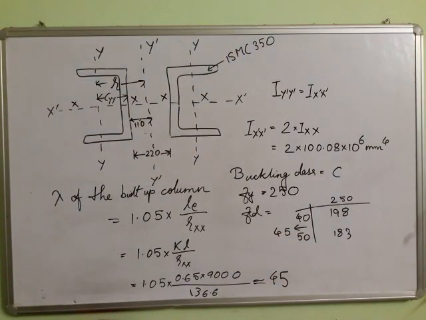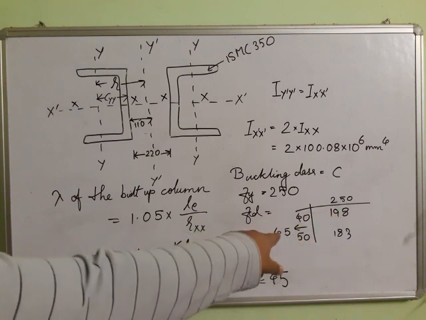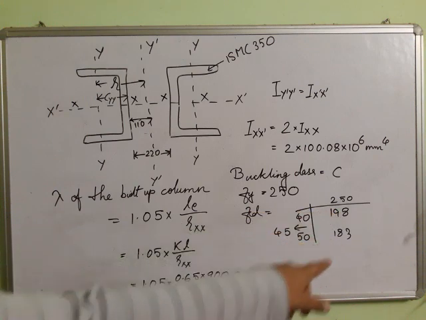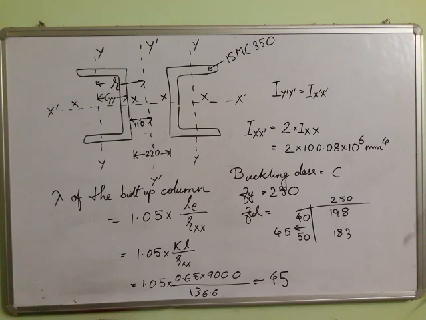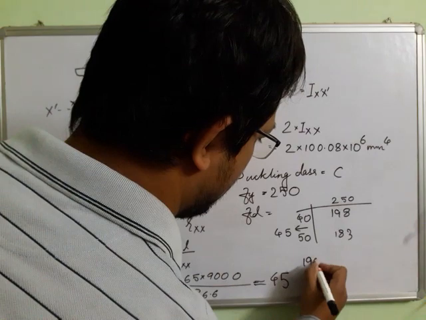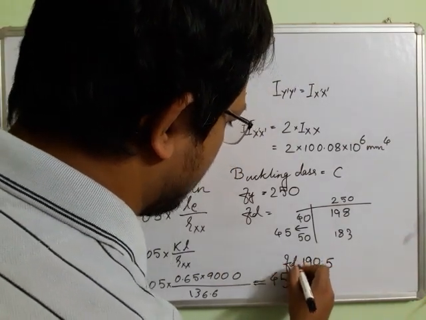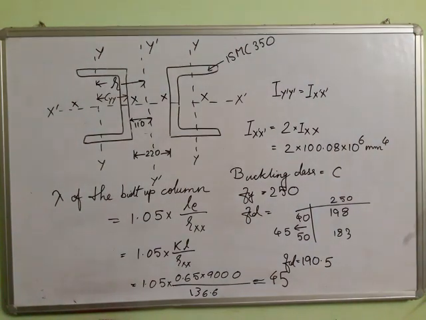Page number 42. For slenderness ratio 40, the FCD is 198. For slenderness ratio 50, the FCD is 183. So for slenderness ratio 45, what will be the value? It will come as 190.5. Okay, so this is the FCD.